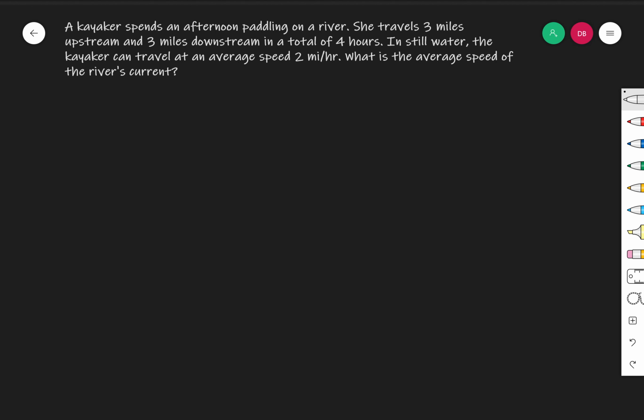Like I said a second ago, the idea is that total time is going to be equal to, in this case, the time upstream plus the time downstream.